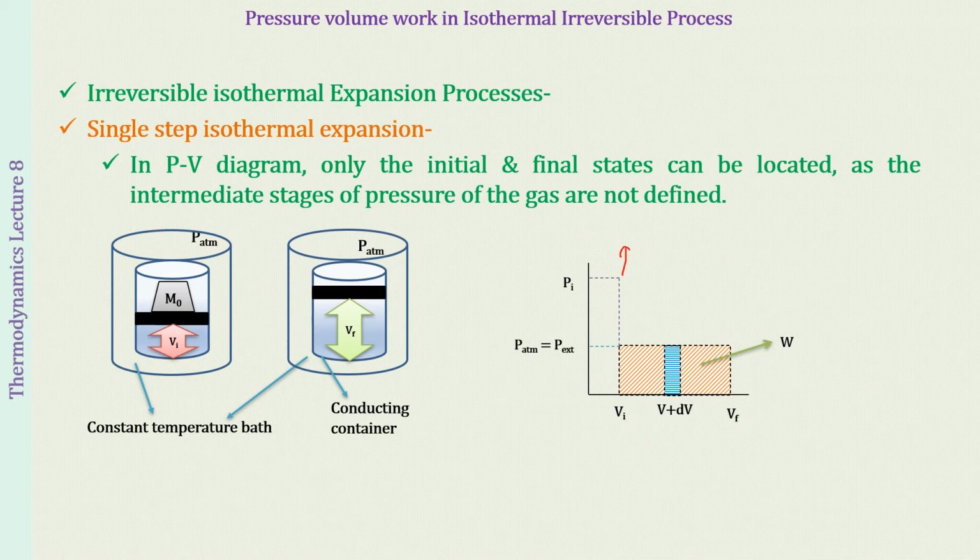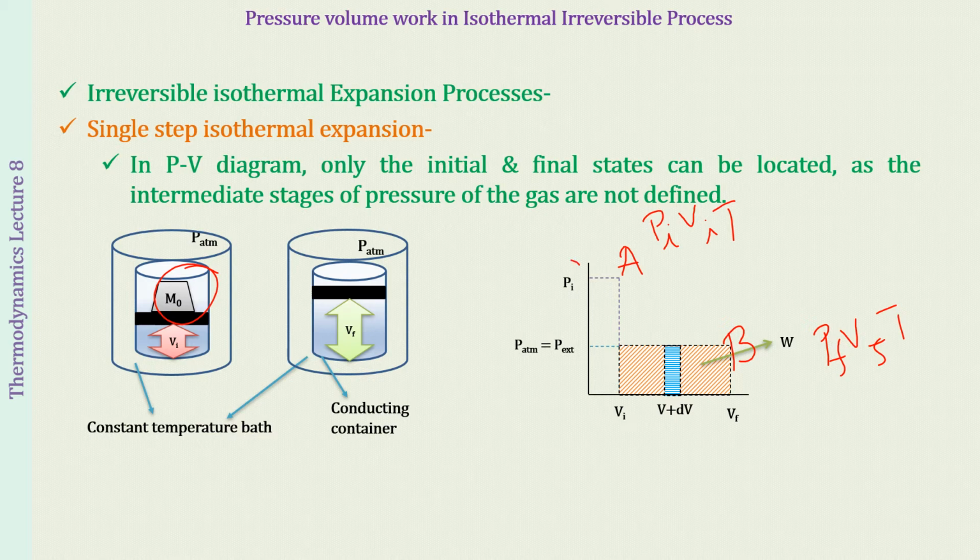So let us assume that the process is starting at point A and finishing at point B. So the initial state of the system, what are going to be the state variables? Pi, Vi and temperature. And at B it is going to be Pf, Vf and temperature constant, because it is an isothermal process that is taking place. So here we had some mass which we had placed.